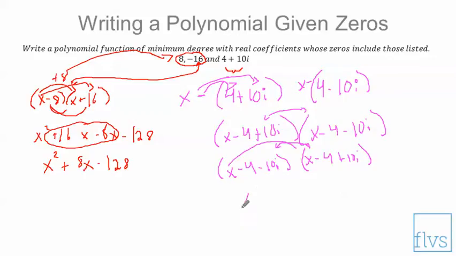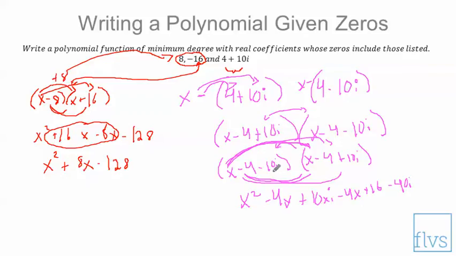X times x is x squared. X times negative 4 is negative 4x. X times 10i is positive 10xi. And over here in the middle, negative 4 times x is negative 4x. Negative 4 times negative 4 is positive 16. And negative 4 times positive 10i is negative 40i.